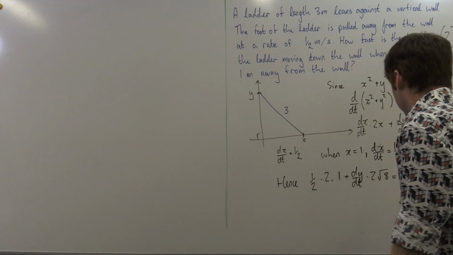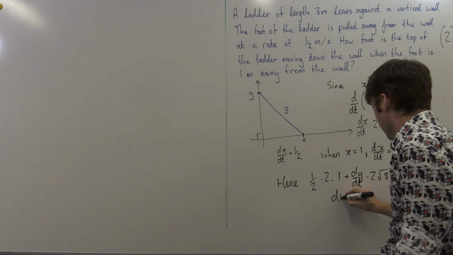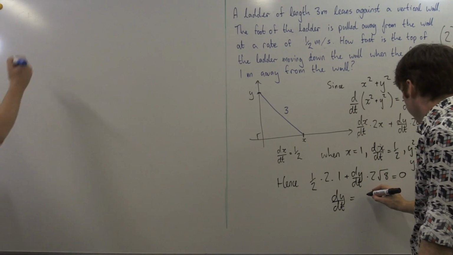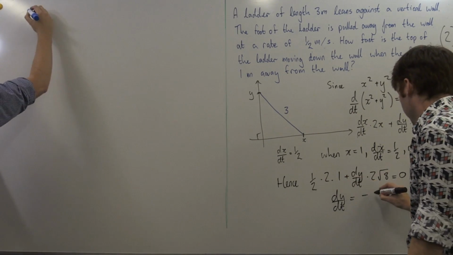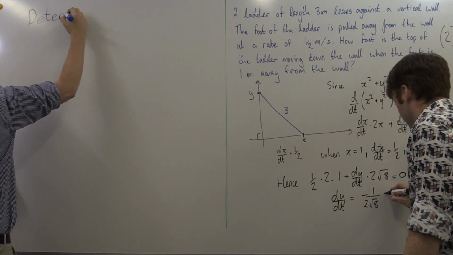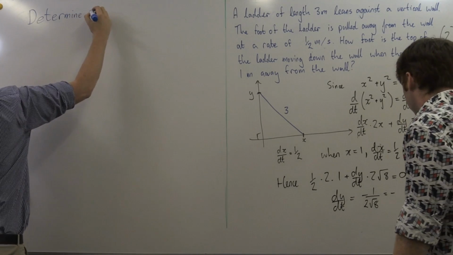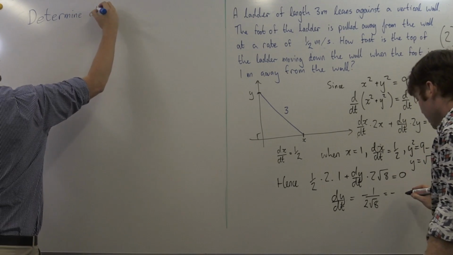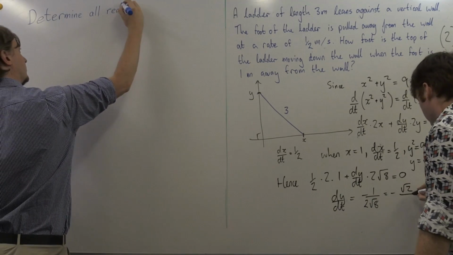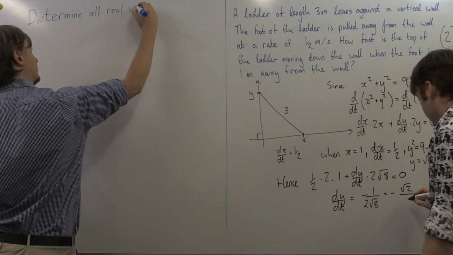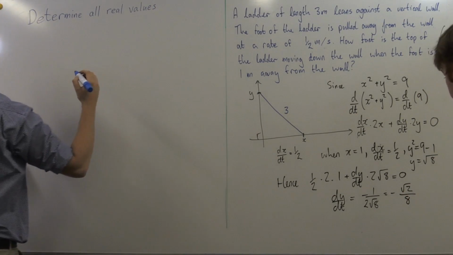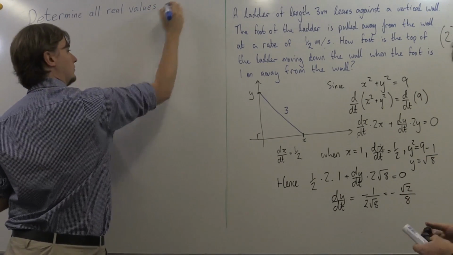And so I'll bring all this stuff over to the other side, and dy/dt is equal to negative 1 on 2 root 8, which I might simplify a little bit to be equal to, what is that equal to? Root 2 on 8. Cool.